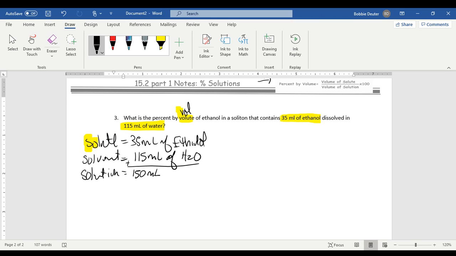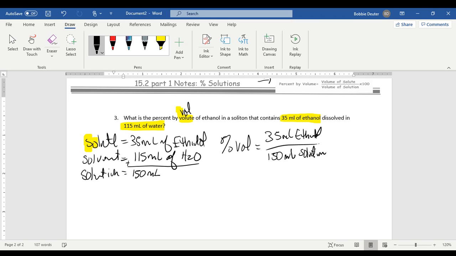So percent by volume, we need to have our volume of solute, so that would be our 35 milliliters of ethanol on top, over the volume of the solution, so that is 150 milliliters of solution.